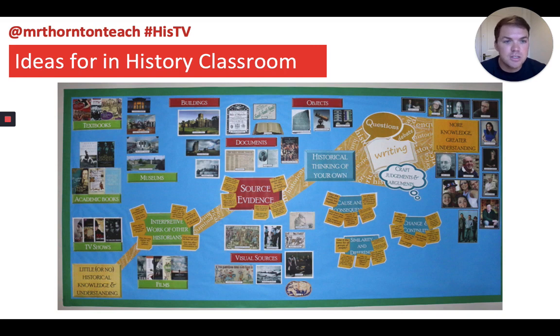I think it's fantastic because it highlights the work of historians, how history works, and the idea that historical evidence and interpretations can be many things. You've got objects, documents, buildings here, and I just think it's a really great way to unpick this. And this display is free. You can get this on the One Big History Department website.